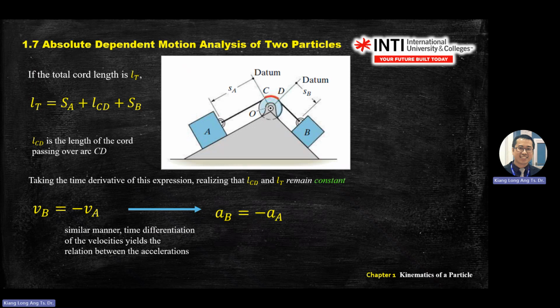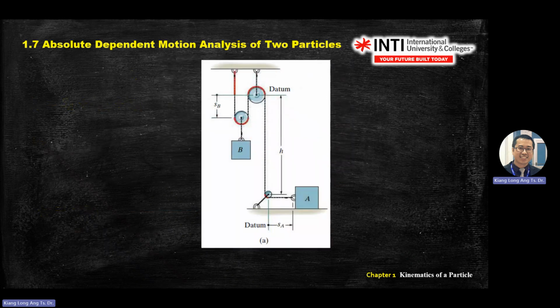Okay, we extend a little bit. Look at the system. Are you able to see where the datum is? Datum for A, positive in this direction. Positive for B will be from this datum, going down.